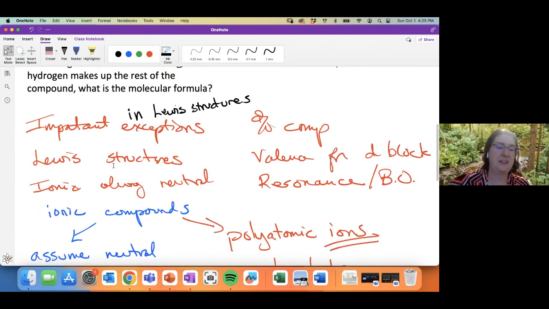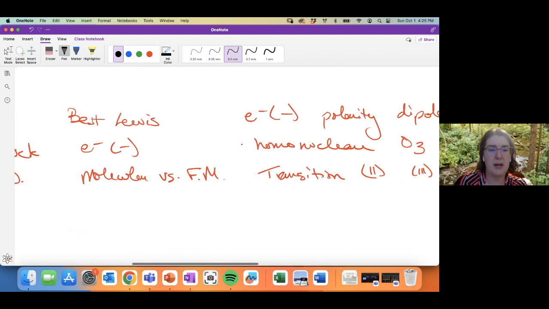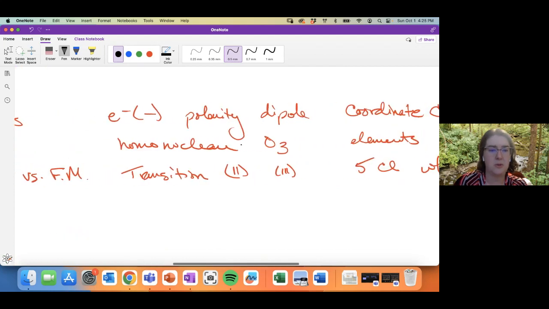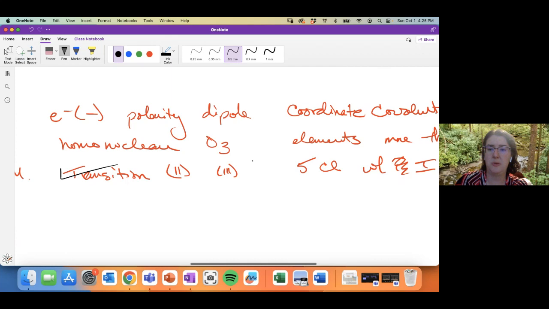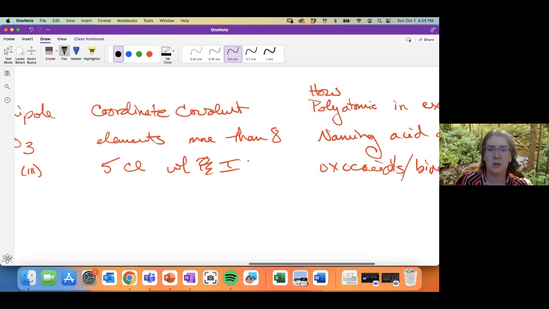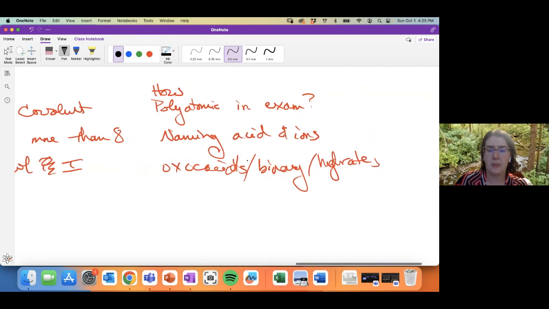What have I answered at this point? So we have talked about ionics, things always being neutral, and that's a yes. We totally talked about transition metals needing Roman numerals. That's good. I'll keep coming back to this idea of how we are going to use polyatomics in exams.